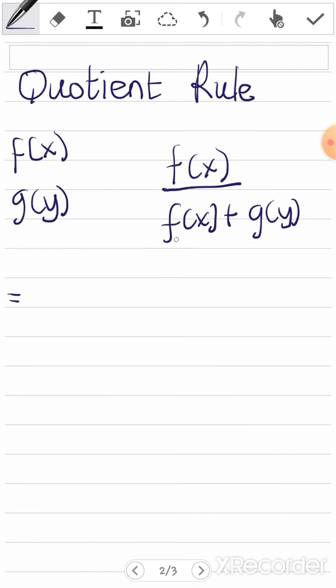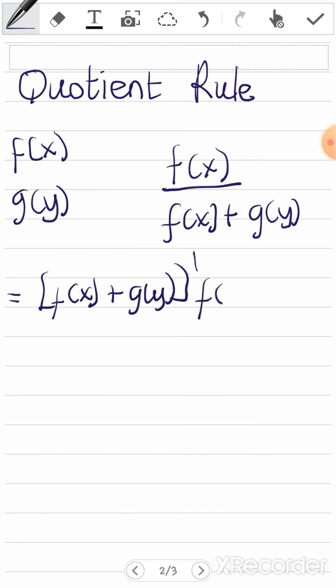First of all, you differentiate the denominator. So you differentiate f of x plus g of y, then you multiply by the numerator, with everything in one bracket. Minus.